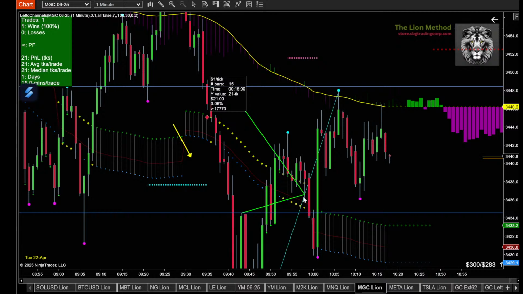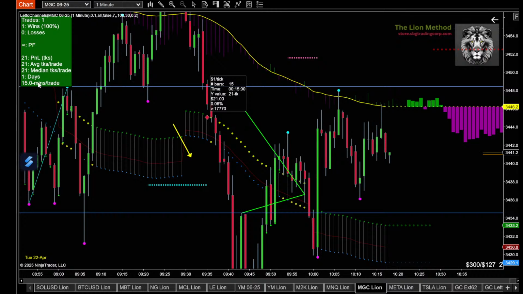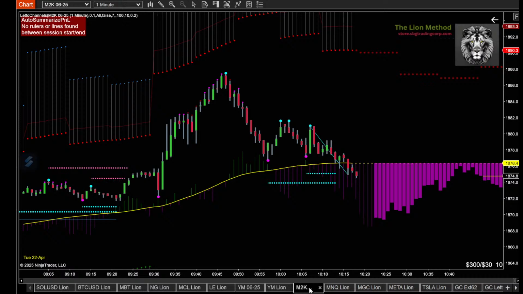So this is a 15-minute trade. That's an average number, so if there are multiple trades, it'll average that. Median ticks per trade, so if there are multiple trades, it'll find the median. And it goes average, so a lot of data in there. Win-loss percent, things like that. One of my little tools of the trade.